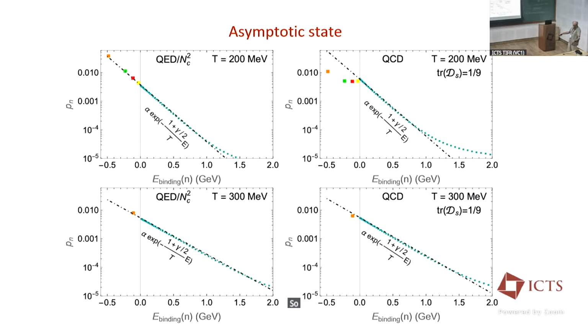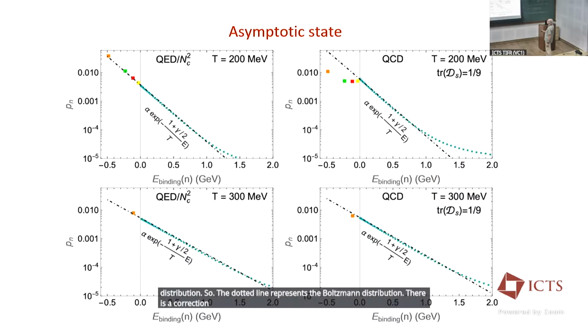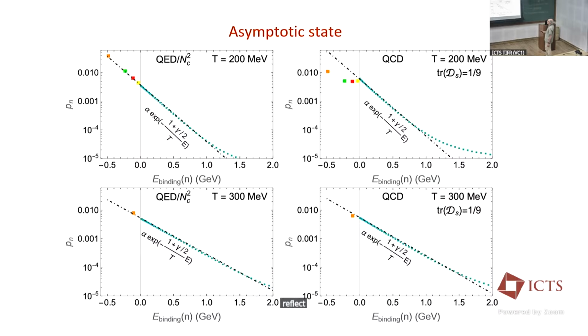If I set d by dt equal to 0, then I have a solution, and naively one expects the solution to be the Boltzmann distribution. The dotted line represents the Boltzmann distribution. There is a correction factor here, which we understand and can calculate, which reflects the fact that quite generally, these Lindblad type equations do not converge to the Boltzmann distribution.